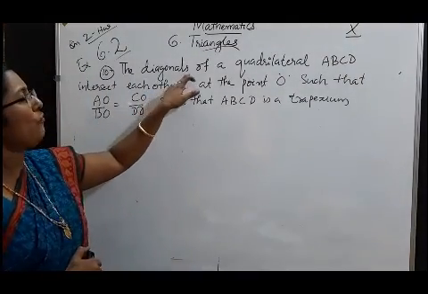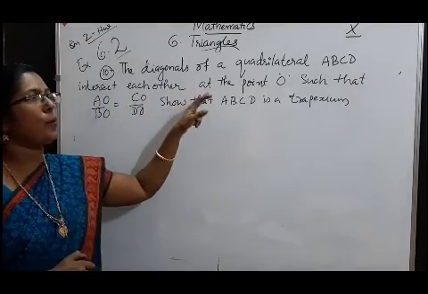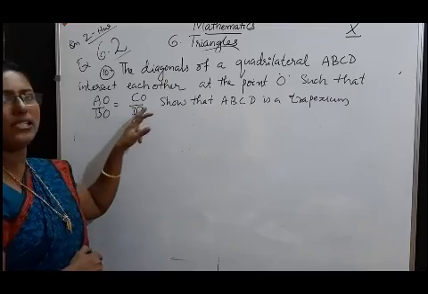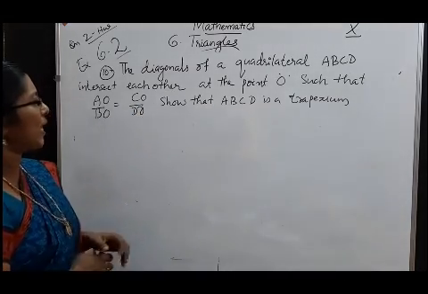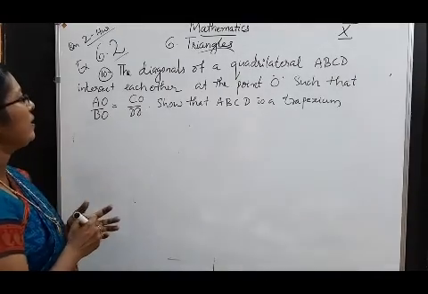The diagonals of a quadrilateral ABCD intersect each other at the point O such that AO by BO equal CO by DO. Show that ABCD is a trapezium. What is given?